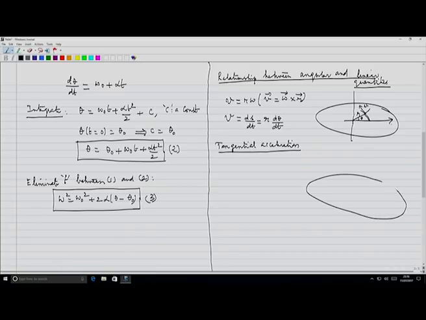This is some rigid body, and I have the x-axis, y-axis, and I am considering the circular trajectory of a particle. At this particular point, the tangential acceleration will be like this: a sub t.